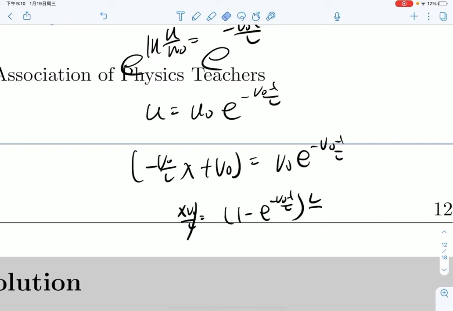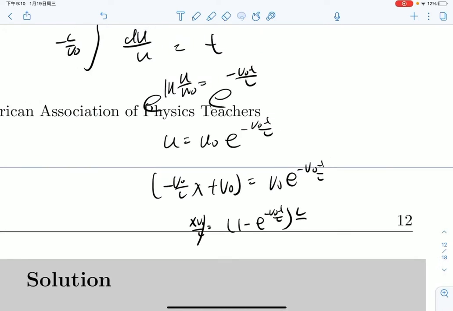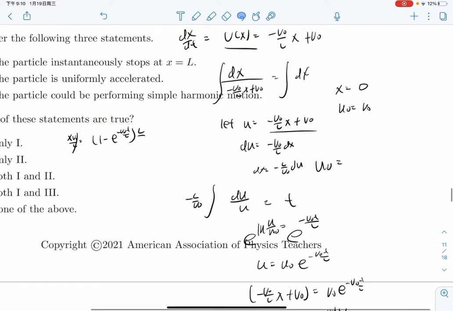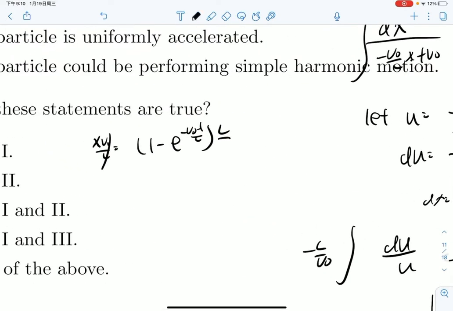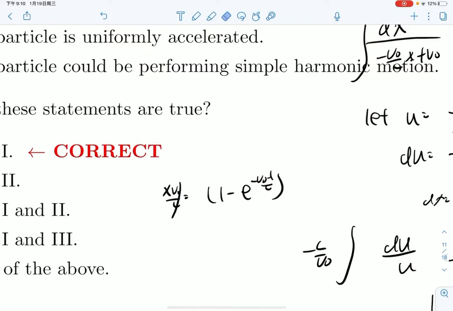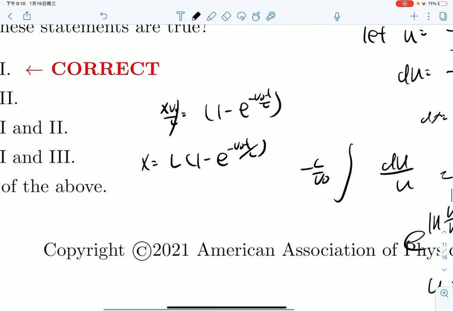So basically, the equation is x is equal to L times (1 minus e^(v0 t/L)). If you take the derivative, you have v is equal to negative L times e^(v0 t/L).